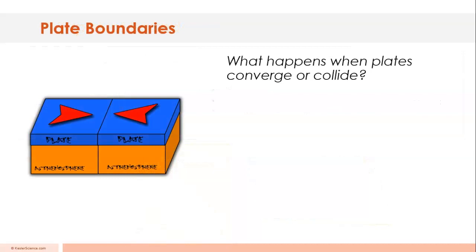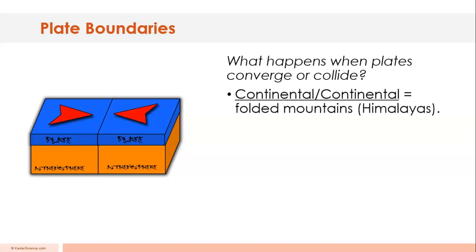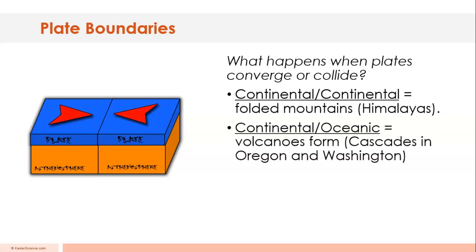All right, lastly, we're going to talk about converging or colliding plates, convergent plate boundaries. But we're going to talk about 3 different kinds. So continental to continental, this forms folded mountains like the Himalaya mountains, which are the tallest mountains in the world. It's where Mount Everest is located. Continental plate to an oceanic plate, when those collide, volcanoes form.